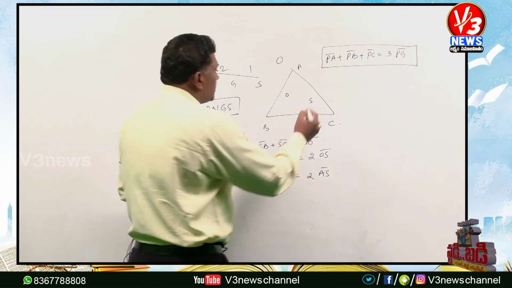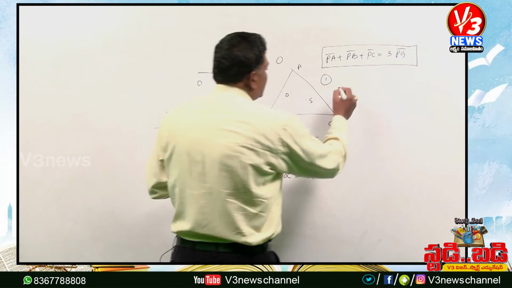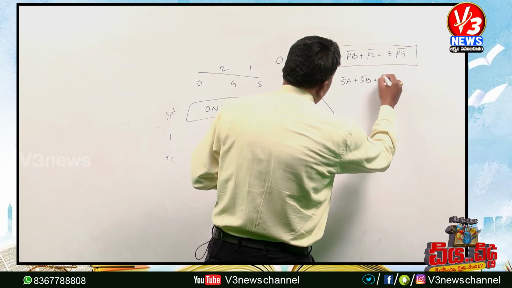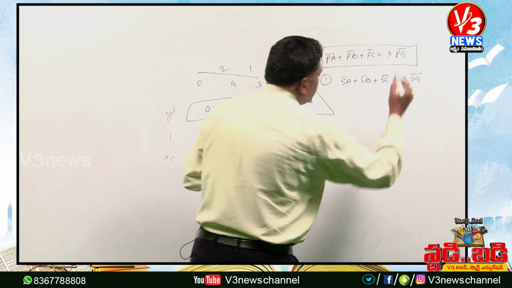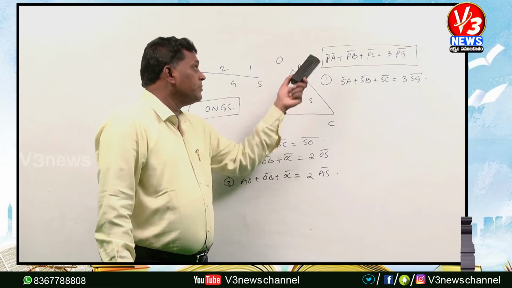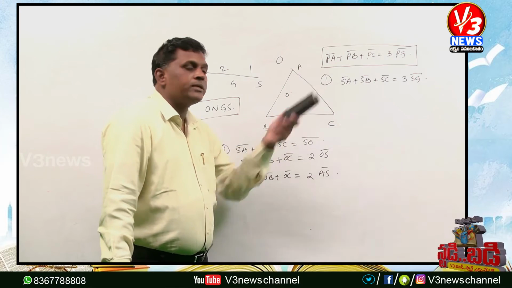Now, see here. Coming to the first problem, SA bar plus SB bar plus SC bar equals 3 times SG bar by using that result, because P is a randomly chosen point, and of course I am taking P as S here.